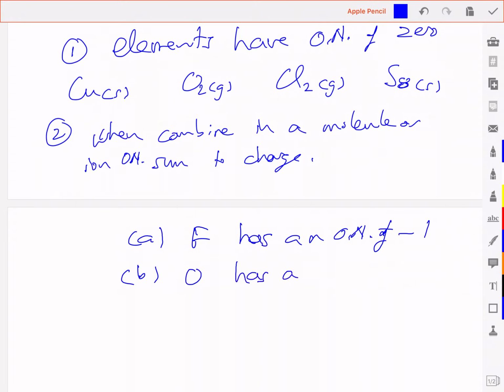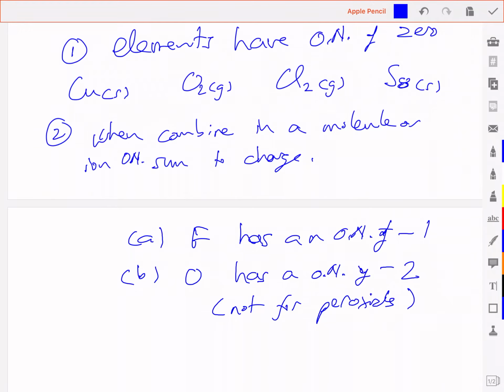Oxygen has an oxidation number of -2. Again, not oxygen on its own, O2 is going to have a value of 0. And this would not be peroxide. So if you've got ozone or hydrogen peroxide or something, you've got different oxidation numbers.